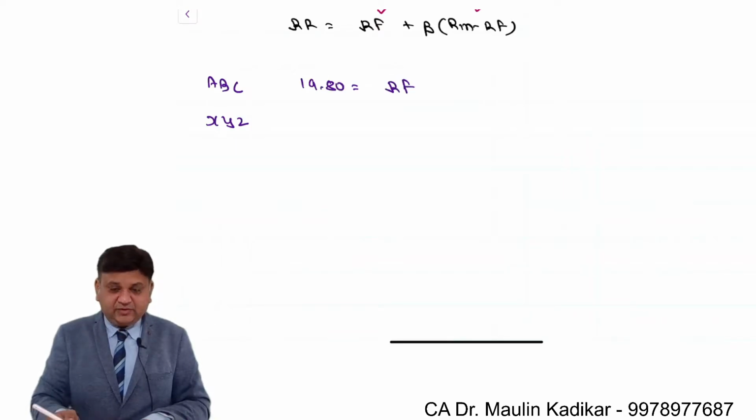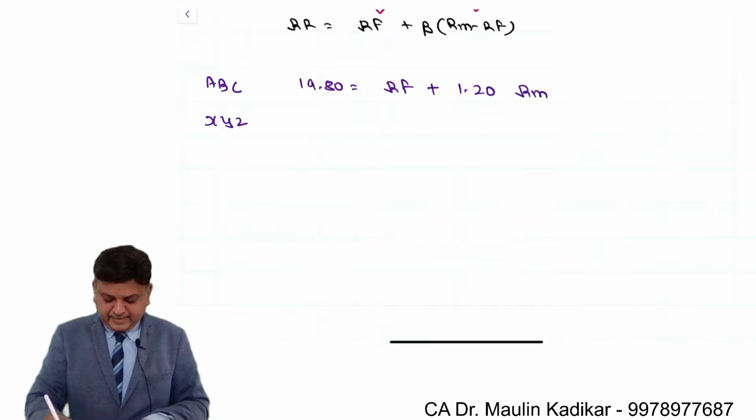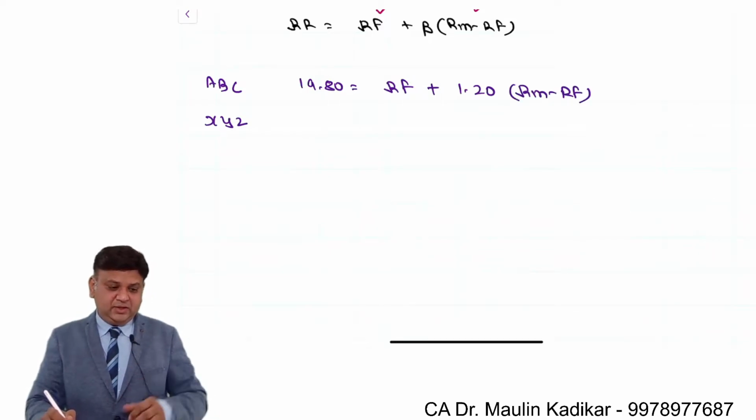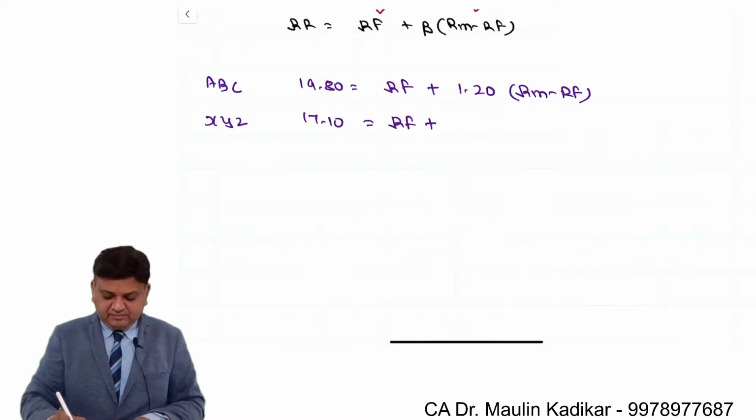We do not know what RF is, plus beta that is 1.20 into RM minus RF. For the other security, the return is 17.1. This is RF plus beta 0.9 into again RM minus RF.